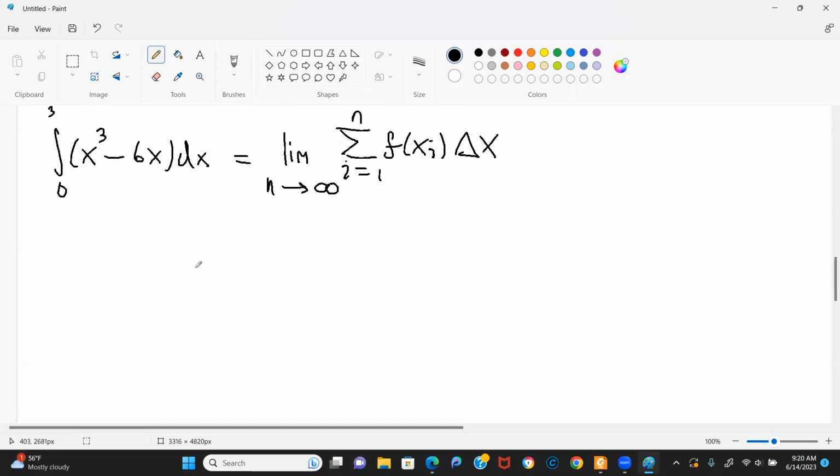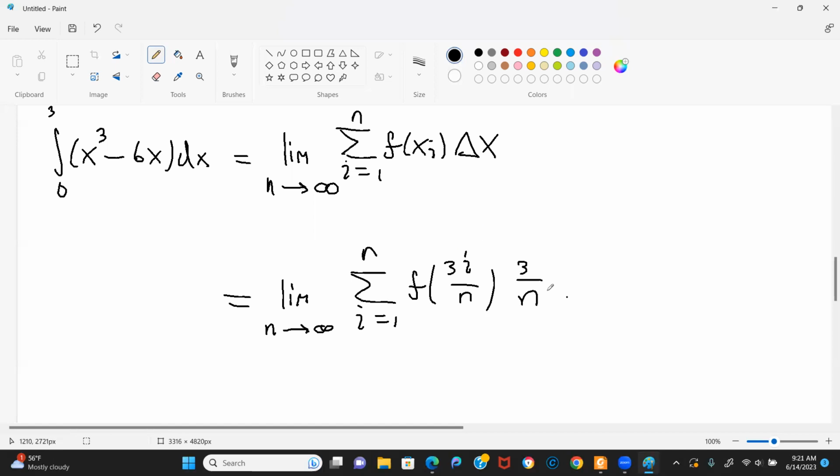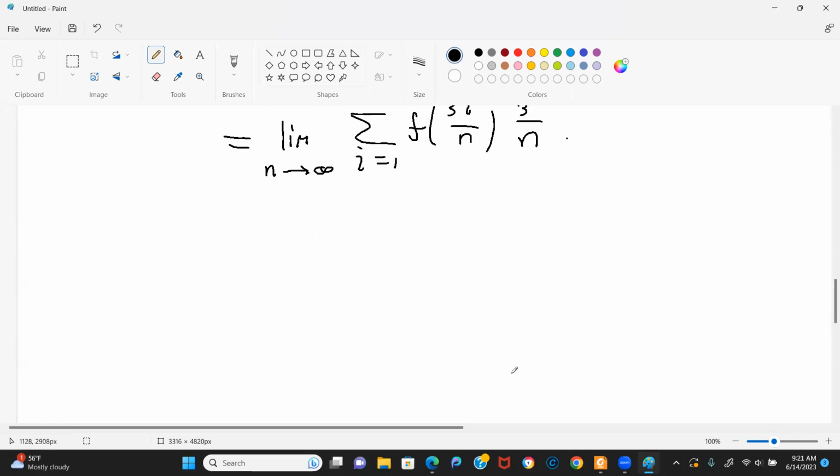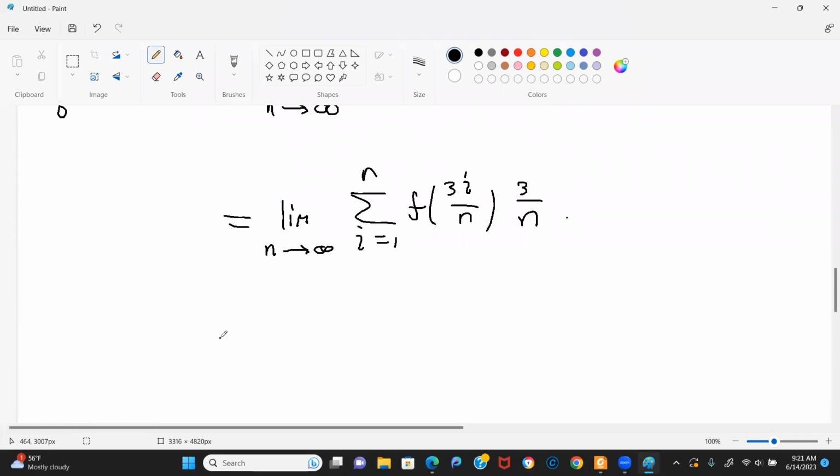Now we just plug things in, so we get the limit as n goes to infinity of the sum i from 1 to n of f of 3i over n, and then delta x, which is 3 over n. So you can see this is really annoying. And so we eventually want to move away from computing integrals in this way. And we'll come up with some tools and techniques for doing that.